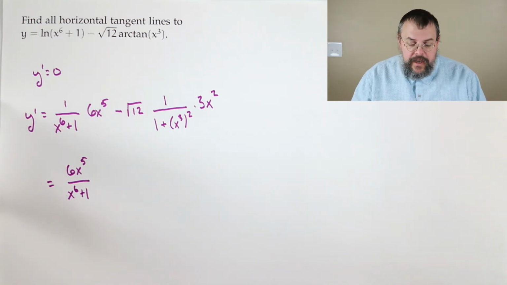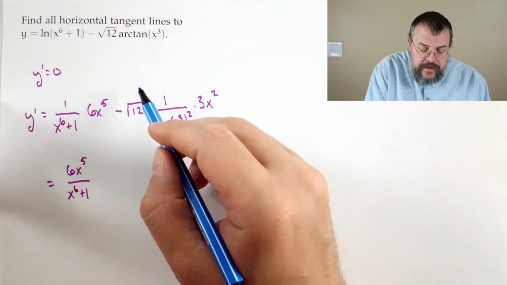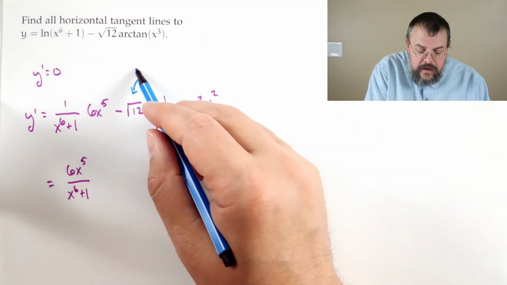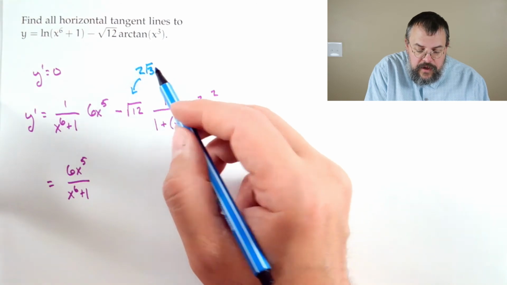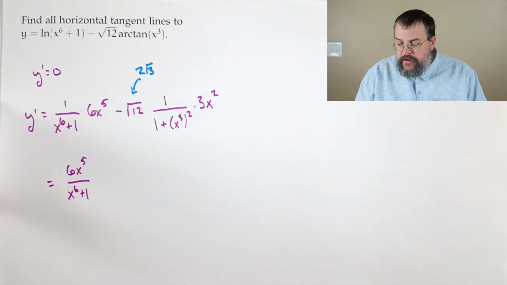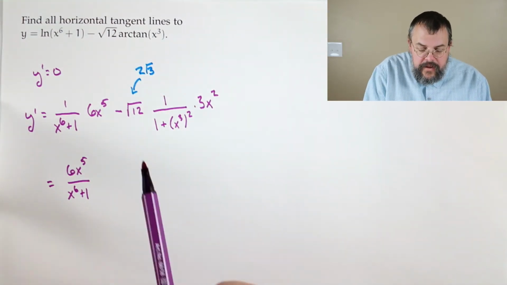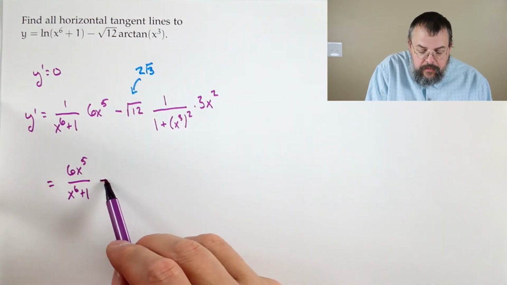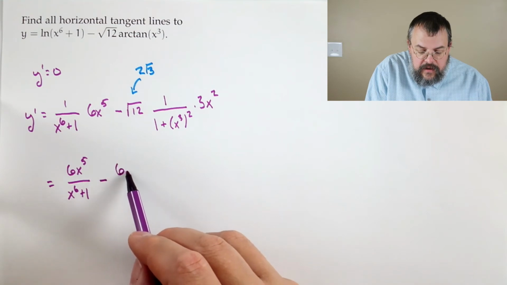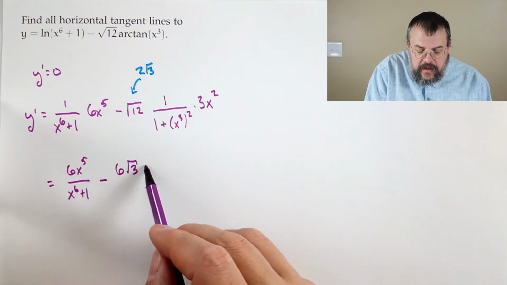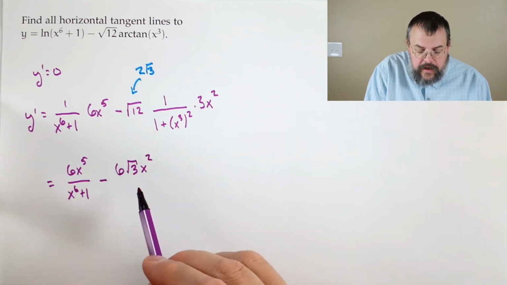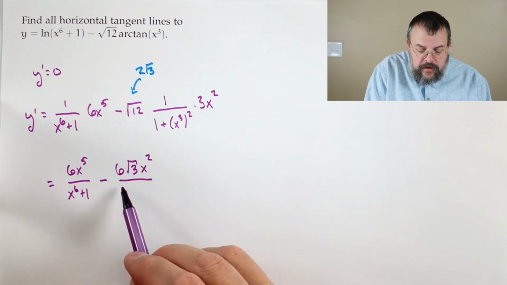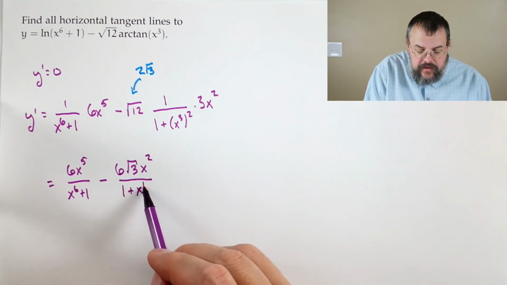So we can make a little side note here and say, hey, this is really 2 times square root of 3. And if we make that little side note, 2 times 3 would make this a minus 6 times square root of 3, and then times an x squared. And that's over 1 plus x to the 6th.